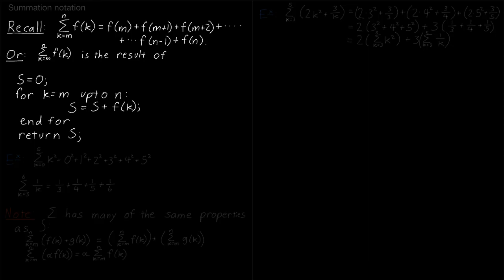So let's have a couple of examples of this. Let's sum from k equals 0 to 5 of k squared. Then I would write 0 squared plus 1 squared plus 2 squared plus 3 squared plus 4 squared plus 5 squared.